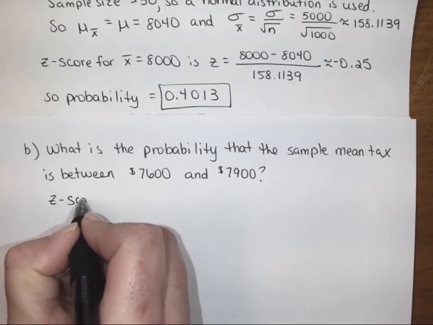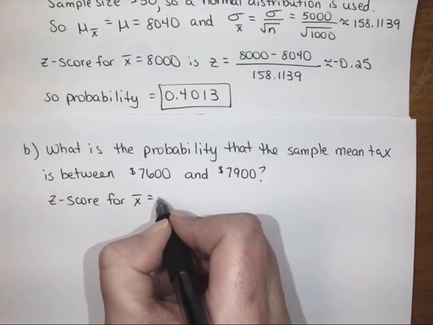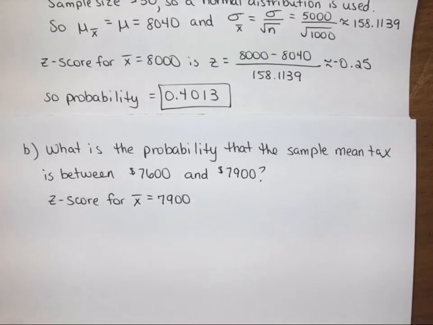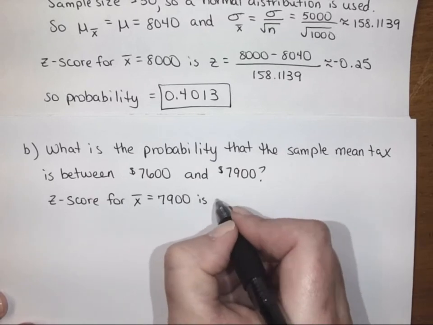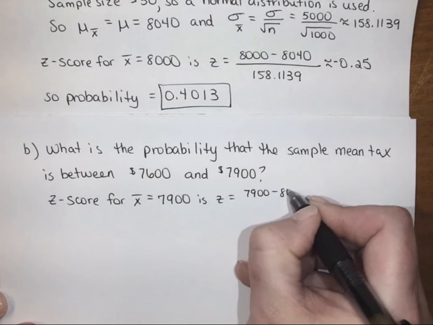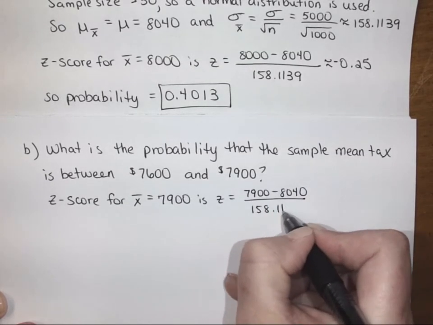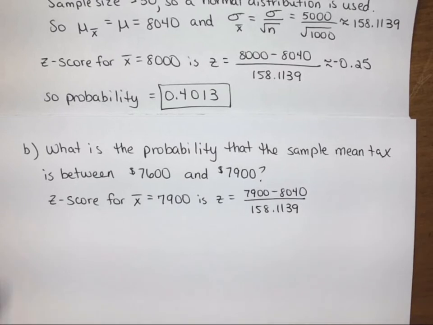So first, let's find the z-score for x bar equals 7,900. We're going to do the value minus the original mean, over the standard deviation of the means. I'm going to let you figure out what that is.